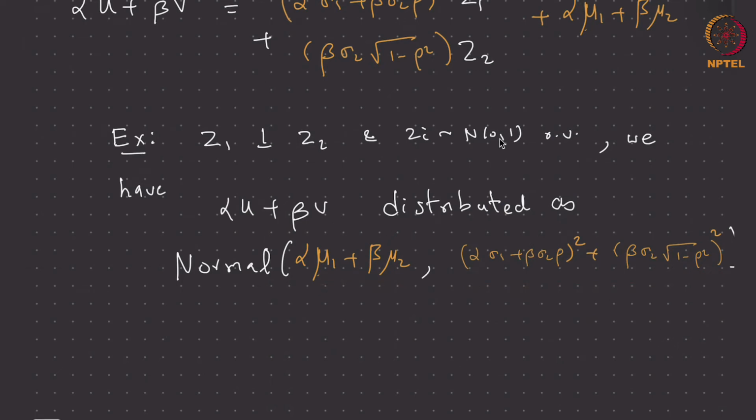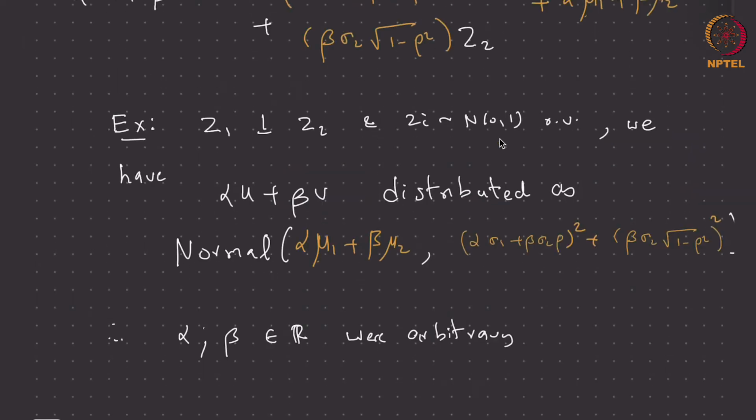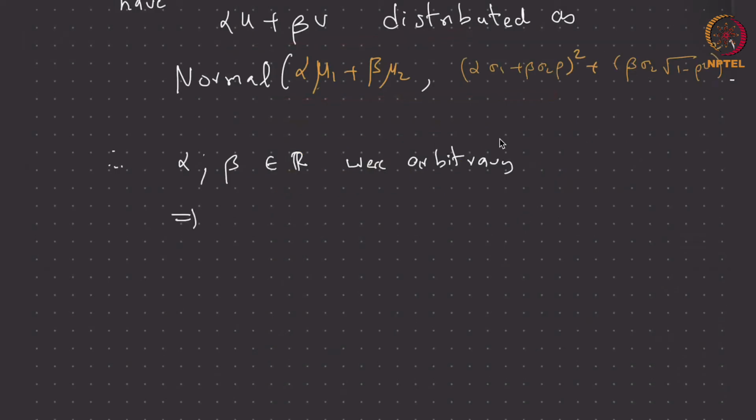But now you observe, since alpha and beta were arbitrary, that is, any two real numbers, and we had shown that for any two real numbers, alpha u plus beta v is a normal random variable, this implies that u and v is a bivariate normal random variable, because any linear combination of u and v is a normal random variable. So by definition, this is a bivariate normal random variable.